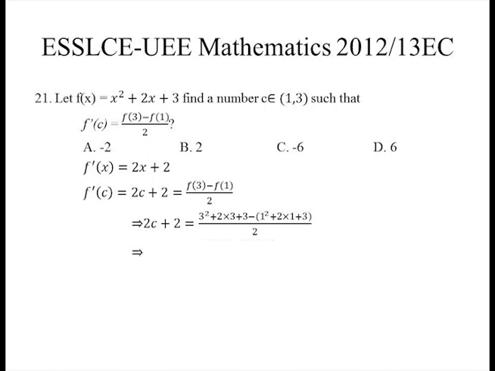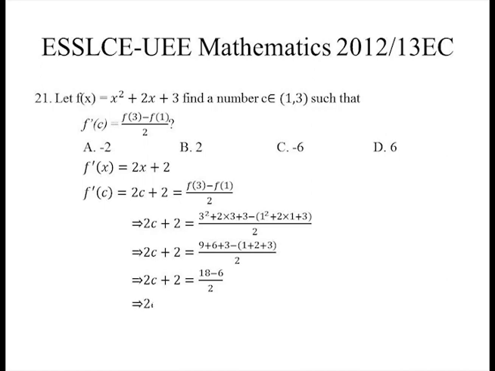This implies 2c plus 2 is equal to 3 squared is 9 plus 2 times 3 is 6 plus 3, minus 1 squared is 1 plus 2 times 1 is 2 plus 3, divided by 2. This implies 2c plus 2 is equal to 9 plus 6 is 15 plus 3 is 18, minus 1 plus 2 is 3 plus 3 is 6, divided by 2.